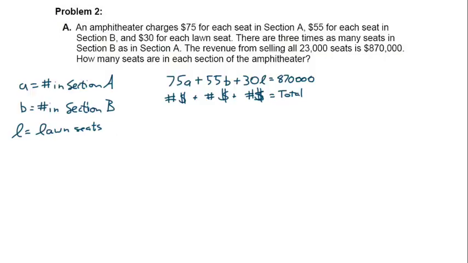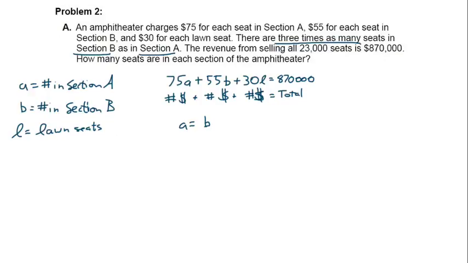Second equation, it says there are 3 times as many seats in B as in section A. So there are 3 times more in B than A. Here's what I'm going to do: A equals B. Now it says there are 3 times as many, so I'm going to multiply by 3.